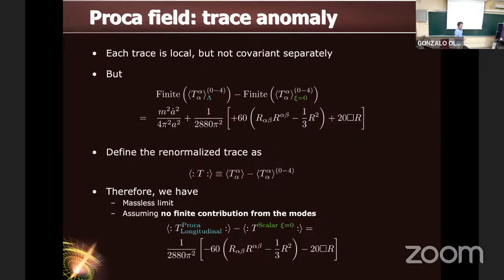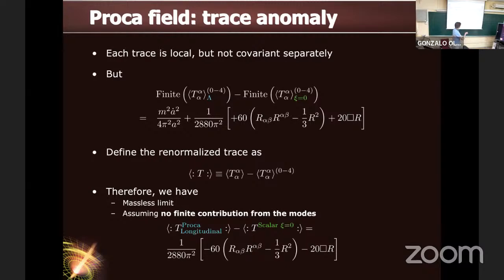So if we now turn to the renormalized trace and subtract the first four adiabatic terms, which are the ones that contain all the divergences, we have this relation. But this is also in the massless limit, and we are assuming that there is no finite contribution from the modes. This is what happens for the conformal scalar field, where the modes are only a divergent term that you subtract with adiabatic regularization and introduce finite quantities.